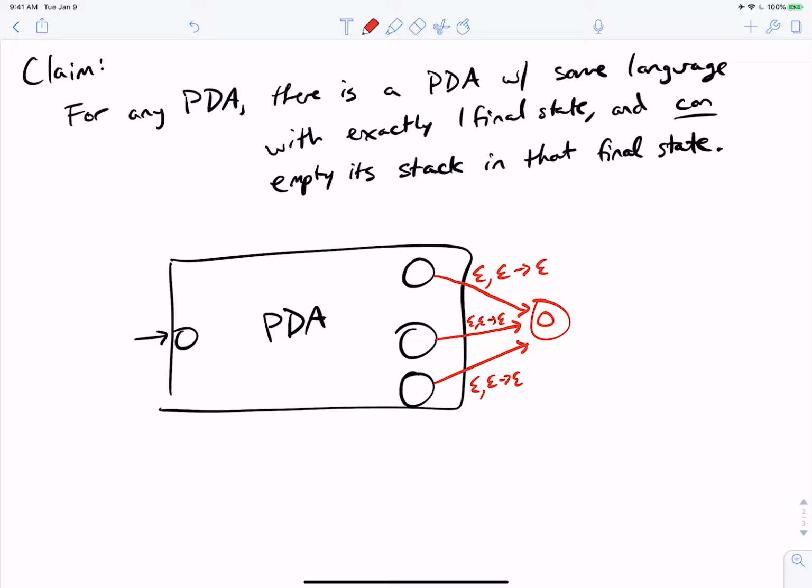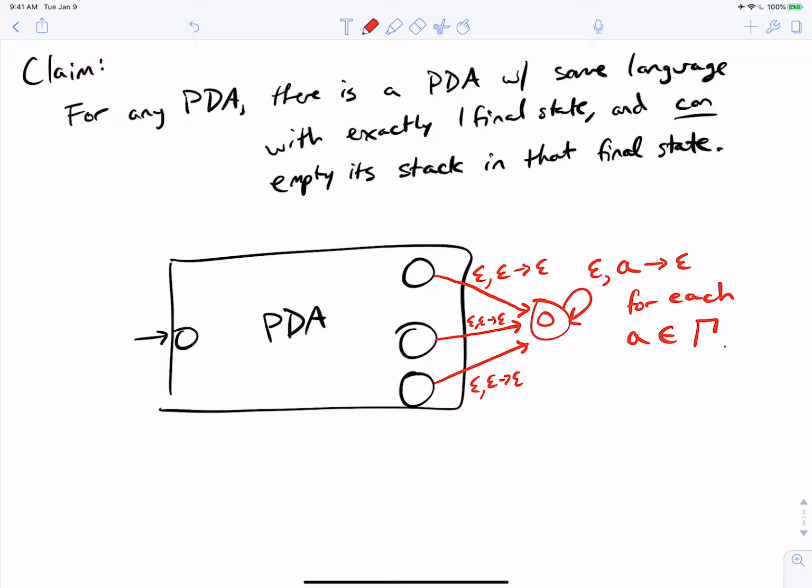But could it be that I had stuff on the stack? Yeah. So what we're going to do is have a bunch of self loops: epsilon, comma, A goes to epsilon, for each A in the stack alphabet.